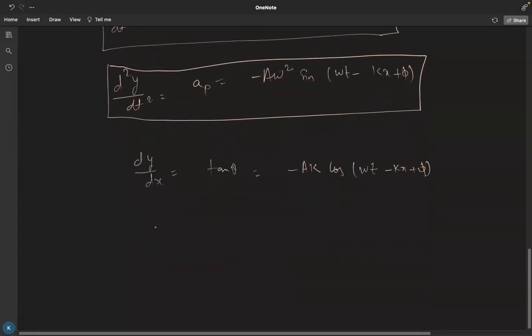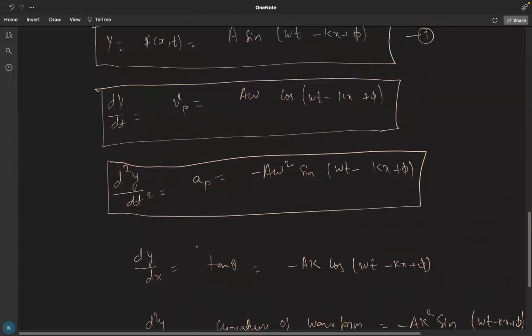And if I again differentiate with respect to x, that is d square y by dx square, which gives the curvature of the waveform. It is equal to minus ak square sine(omega t minus kx plus phi).